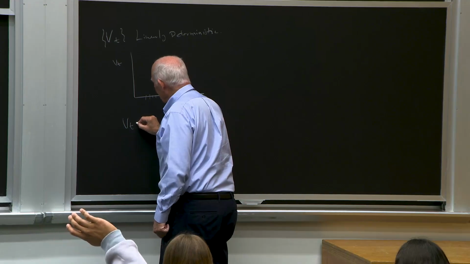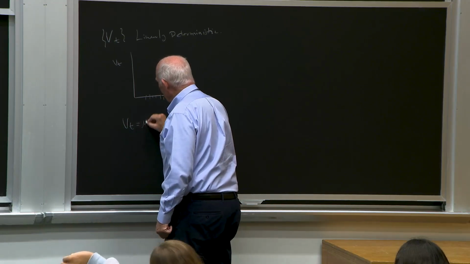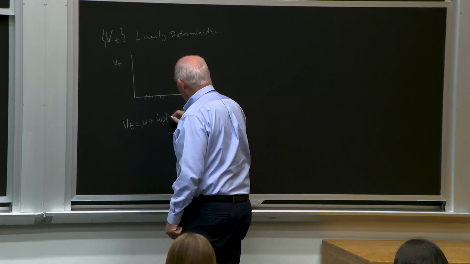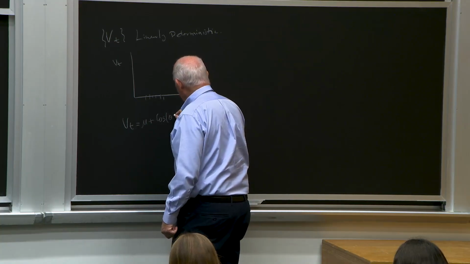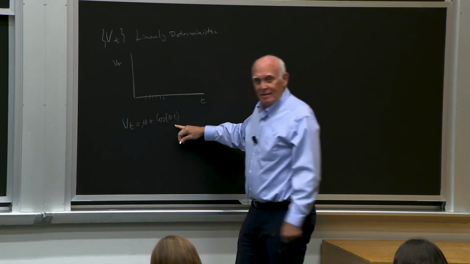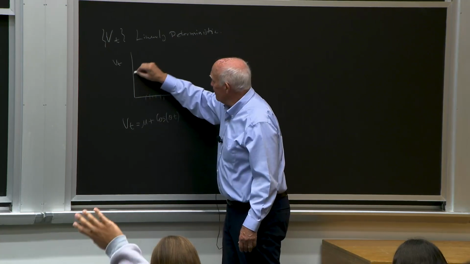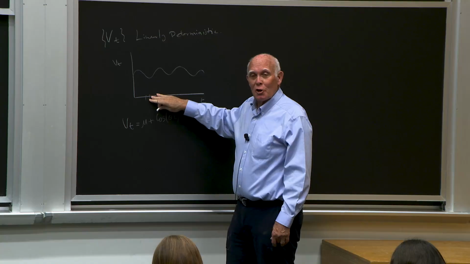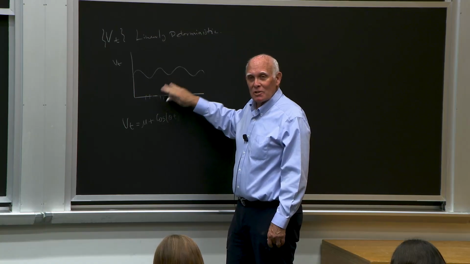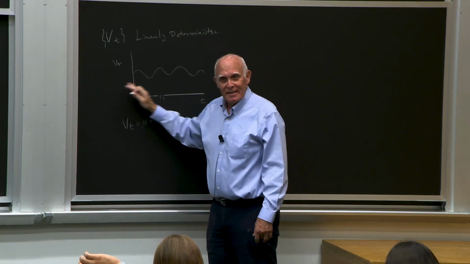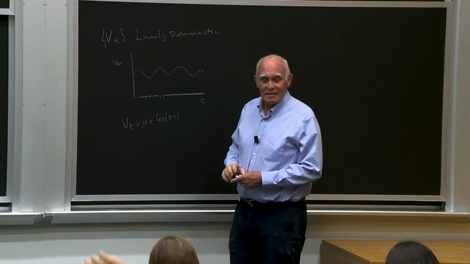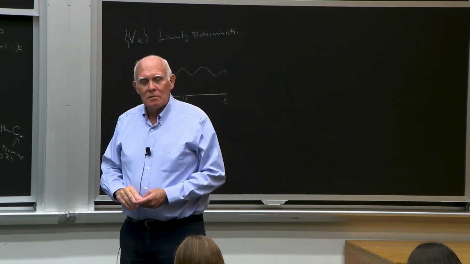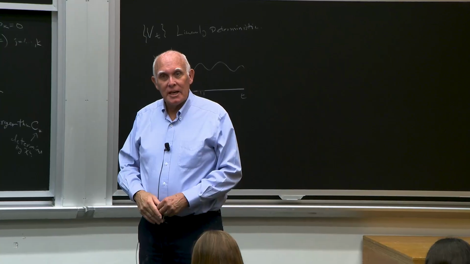So if V_t is equal to mu plus, say, cosine of theta t, then this thing will just move up and down. And we can actually determine that cosine function from enough values of V_t. Yes? So does that mean any periodic process would be linearly determined? Yes.